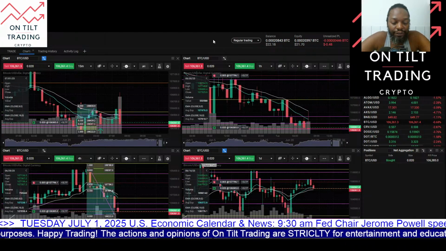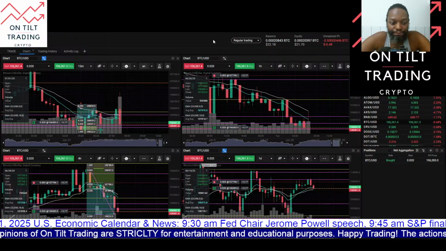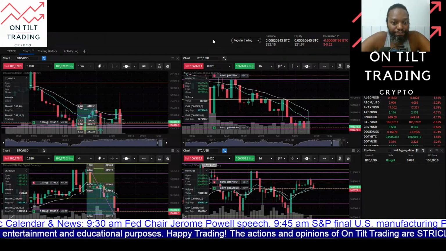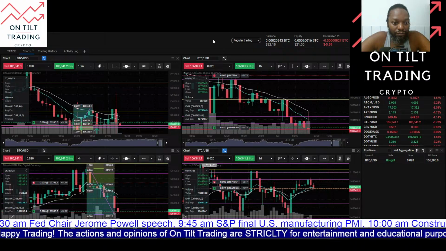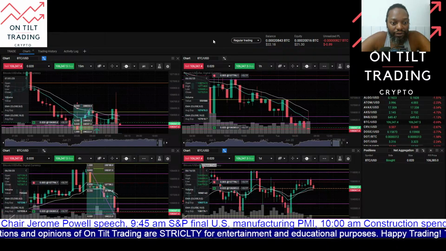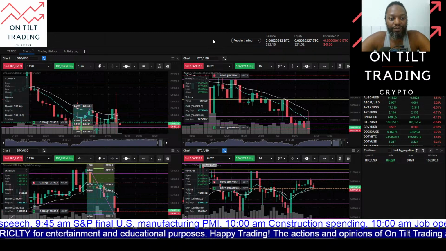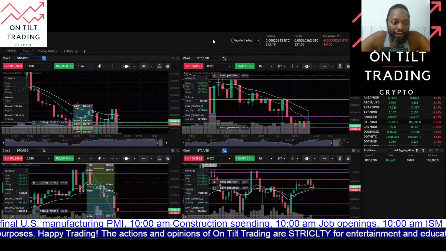Buy side delivery. And sell side delivery with the open of this current 15-minute candle. Consolidation, now buy side delivery.